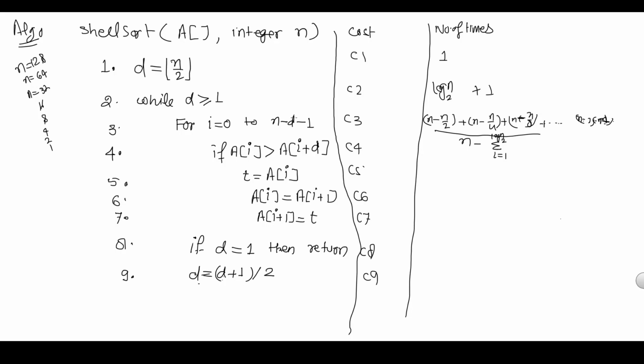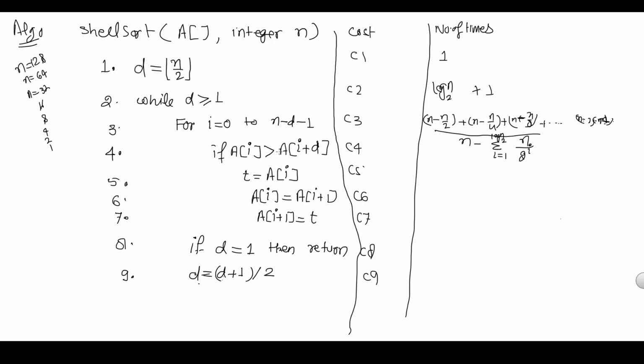That is, this value d will come this number of times, n minus log n base 2. d will be reduced log n base 2 times, because we have seen this here, and n is divided by 2 to the power i.